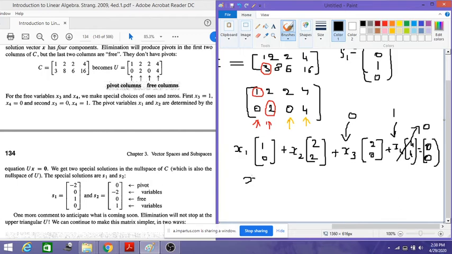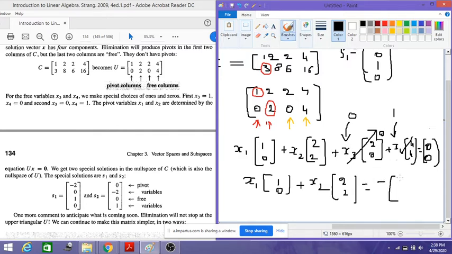Then we get x1 of 1 and 0 plus x2 of 2 and 2 as usual. Now this x3 term will become 0, but x4 is not 0, so this is equal to minus of 4 and 4.